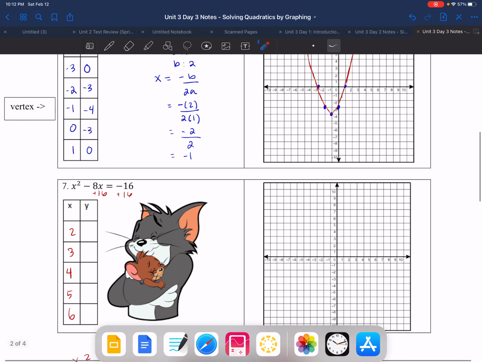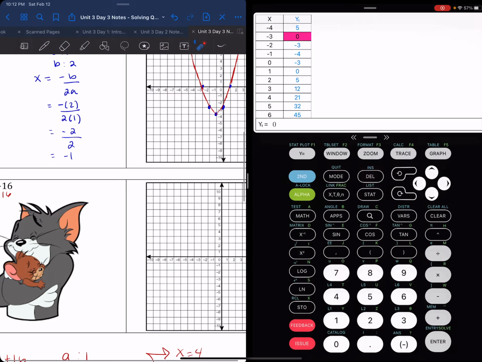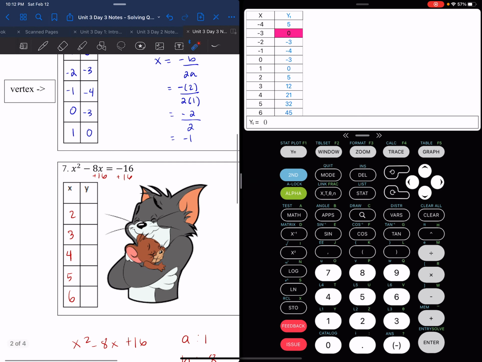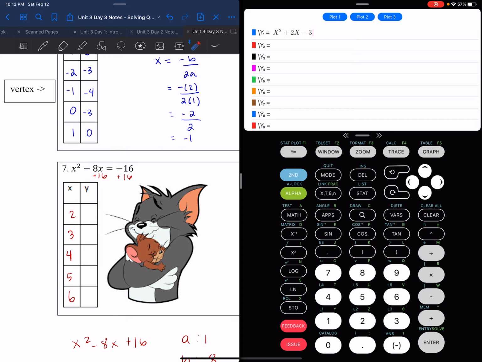So I'm going to use my calculator, and then figure out where... I can't figure out where it is because I need to clear this out. Go back to y equals and then write x squared minus 8x plus 16.